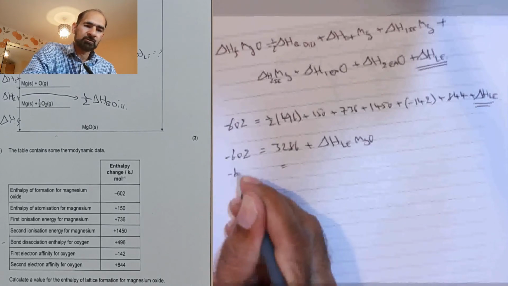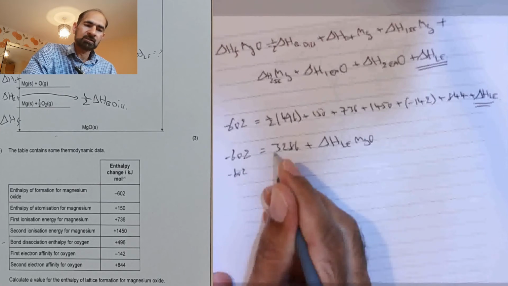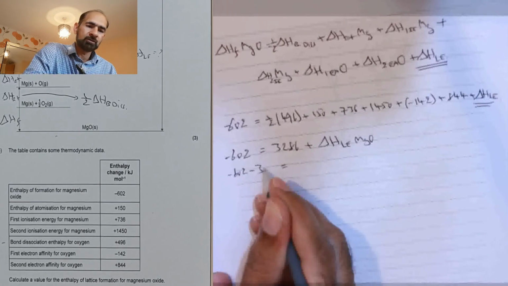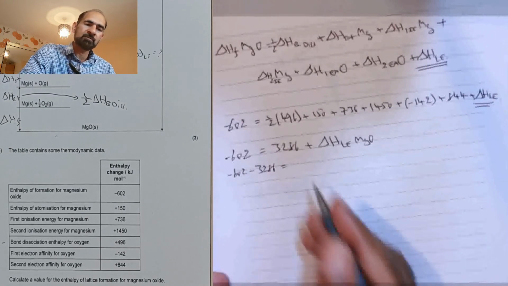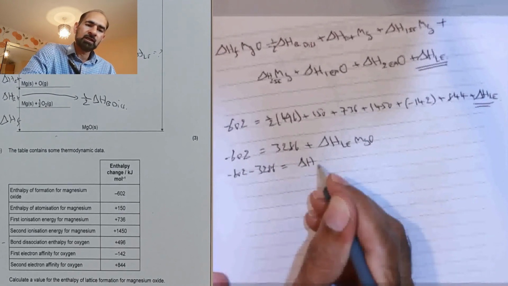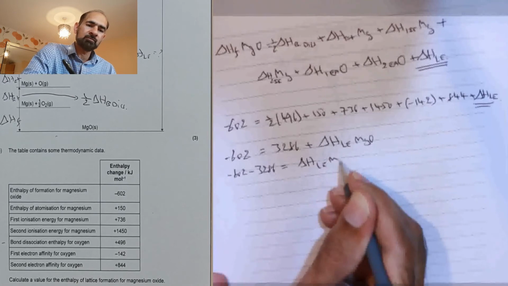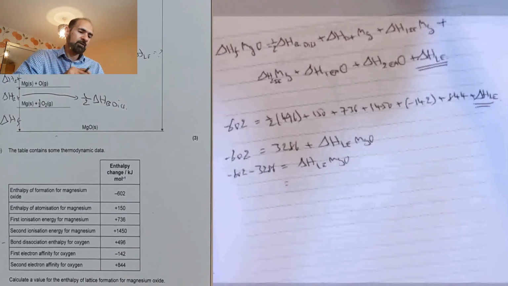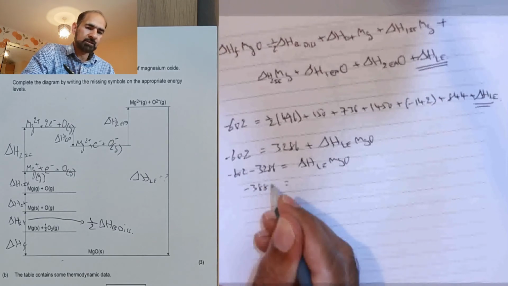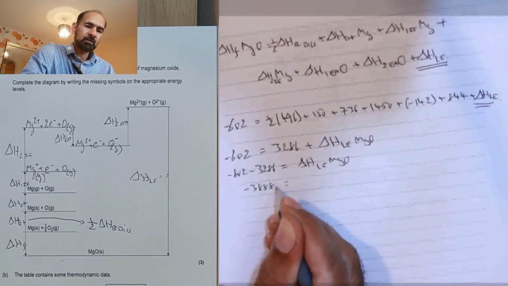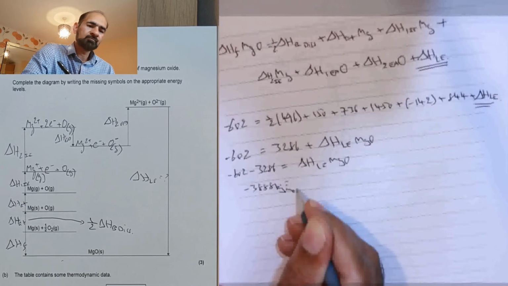Simpler, isn't it? 602, and this is a plus on this side, so if I want to move it across, it's minus 602 minus 3286, because that's a plus. Move it across, that becomes minus, and that will be the lattice enthalpy of magnesium oxide. And that, if I work it out, is minus 3888, yeah, kilojoules per mole.